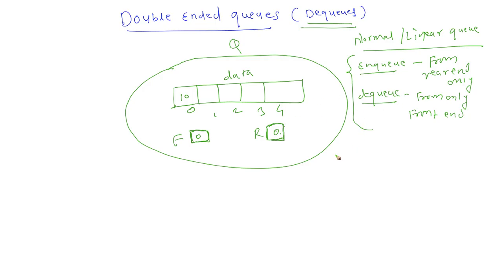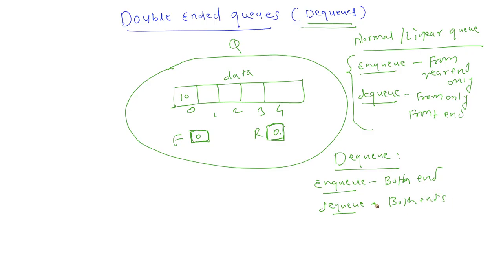In a doubly ended queue, the NQ operation can be done from both ends, and I can do DQ from both ends, that means I can perform the deletion operation from both ends, right? That's the doubly ended queue. I can do NQ from the rear, like a normal queue.